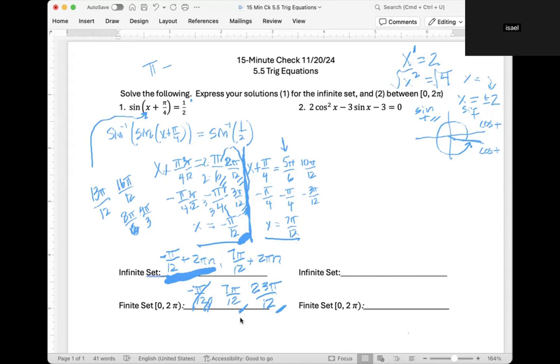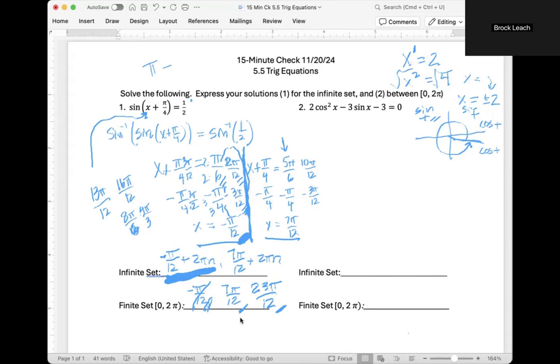And with the other ones, I don't think we have to change that negative because they don't say in the infinite set that it has to be. In other words, you can use negative pi over 12 in the infinite set. It's the same angle.